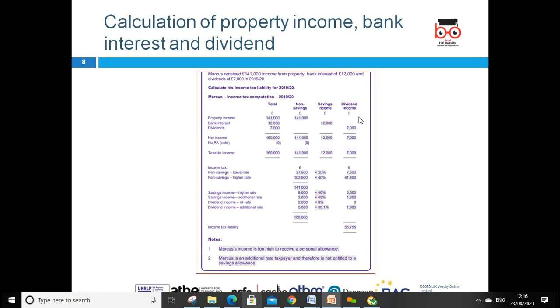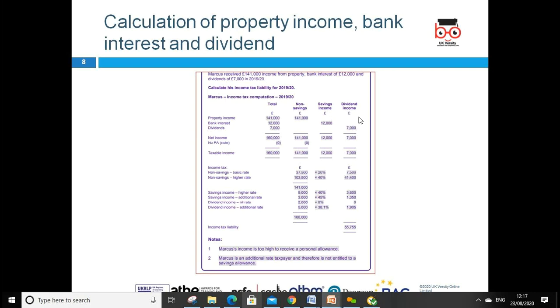So non-saving income is 141,000. Then the bank interest in this case, Marcus's total income, and the bank interest is 12,000. Dividend is there. First, as we know, 141,000. You will see there is no personal allowance. Why not? Because the rule is if you are earning more than 100,000, you can't claim the 12,500.